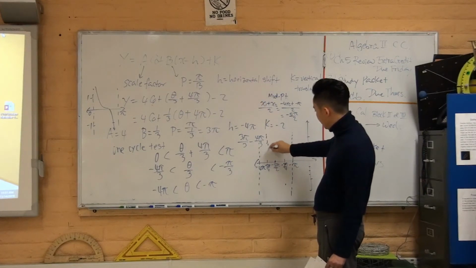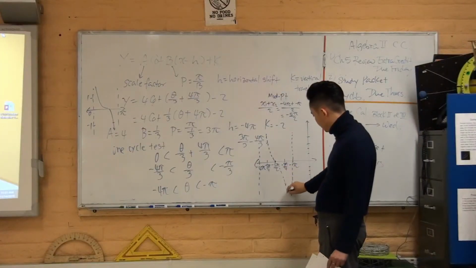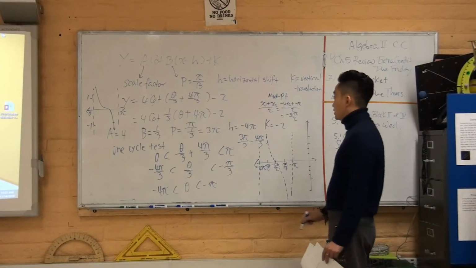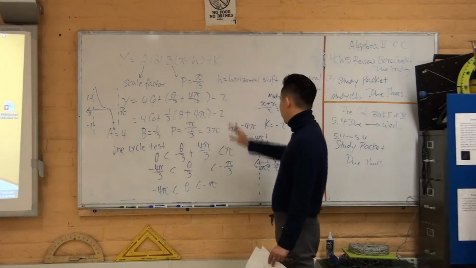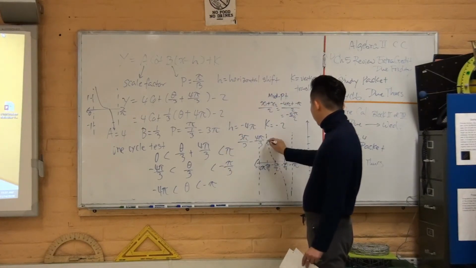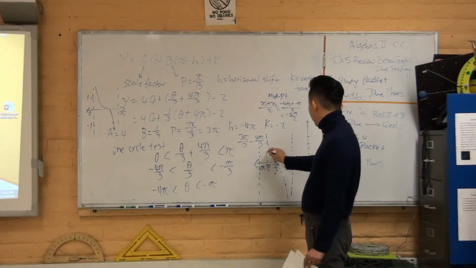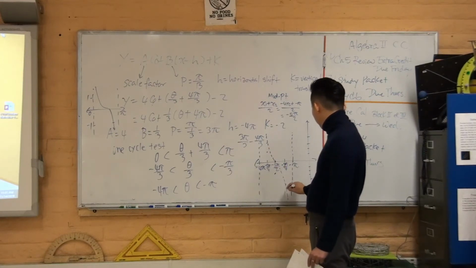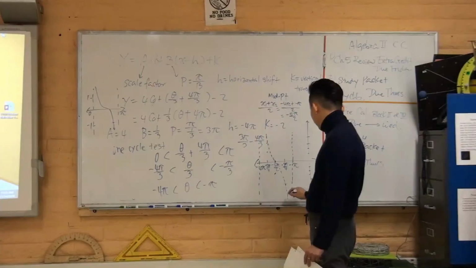And then with the vertical translation, we need to move all points down by 2 units. So this one's going to be 2 units down. So 4 minus 2, 2 units down. And then negative 4 minus 2, 2 more units down.